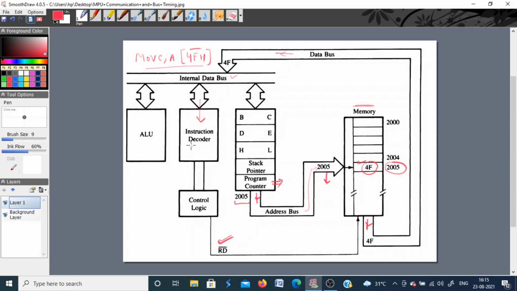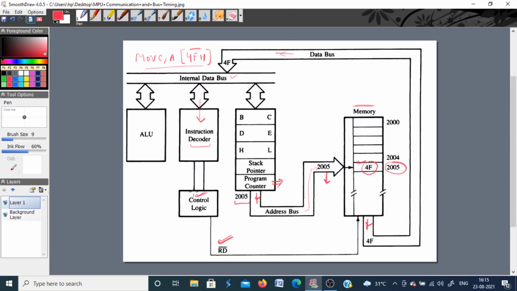The instruction decoder will decode this operation code and understand that it has to copy the contents of A into C, and then it will give some signals to the control logic, which will activate certain signals that execute the instruction.